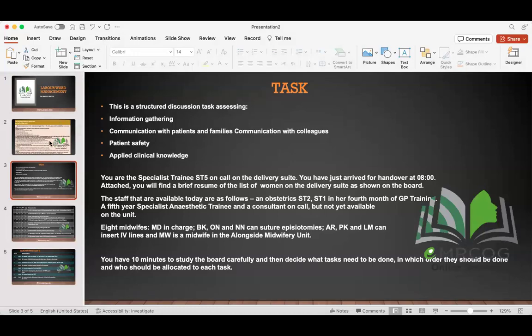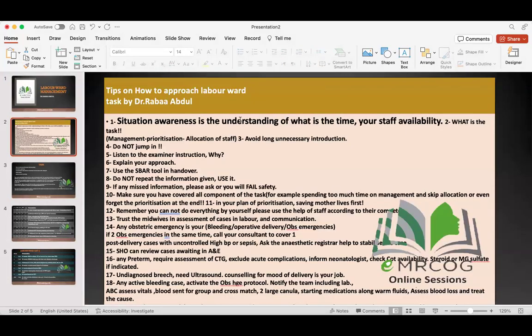So again, my friends, thank you very much. The tips for the labor ward that we always say: number 1 is situation awareness. Understanding what I said is very important, okay? And the staff availability. Number 2 is what is the task required from you?